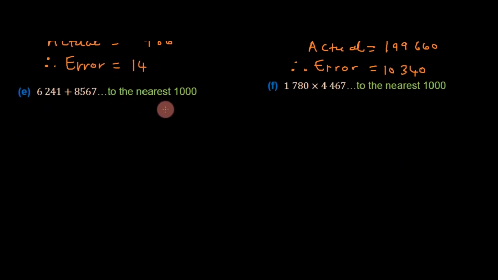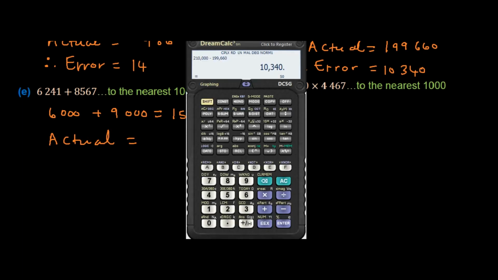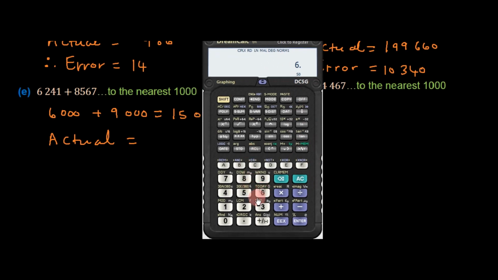We have to round to the nearest 1,000, so it's going to be 6,000 plus 9,000, which is 15,000. Then the actual is 14,808.